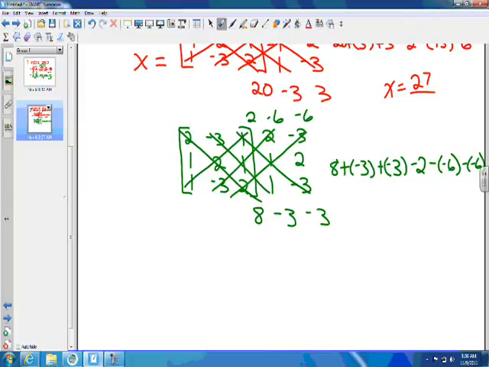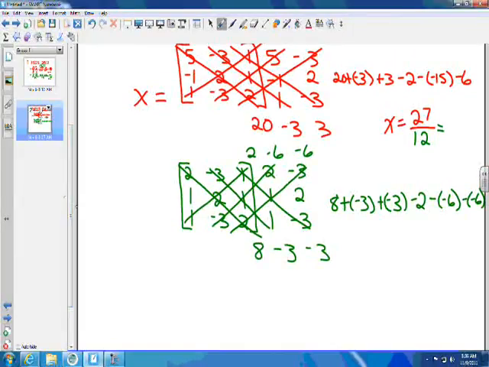So 20, is it positive or negative, did you say? Positive 12. So what do we get then for our x value? 9 over 4. And that is correct. So what are you going to put in the bottom of the y? 12.